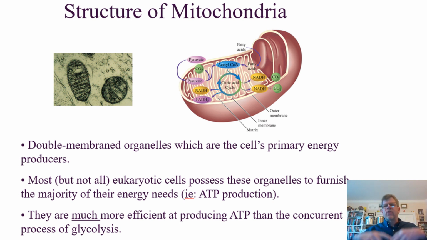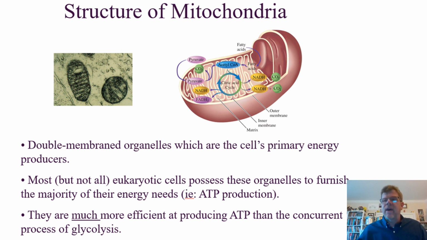Now, in contrast, we find that the citric acid cycle and the ATP formation derived from it are relegated to being carried out inside a specific cell organelle. That is a big difference.